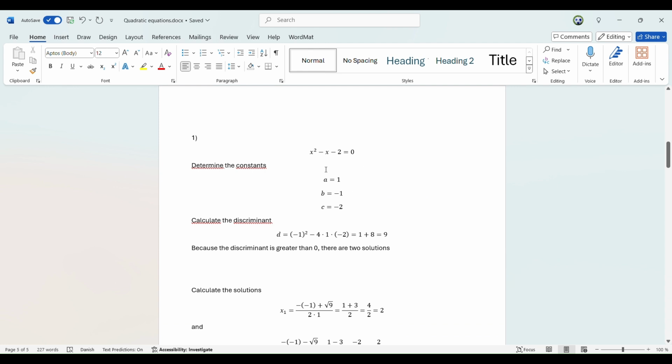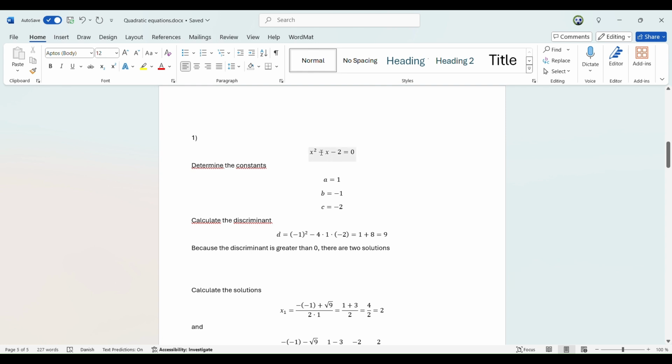We've got the first one here. So we've got this equation, a quadratic equation, x squared minus x minus 2 equals 0. If there's nothing in front of x squared, then it's a 1. We don't want to write a 1. It's a convention that if it's only the number 1, then we just leave it out. So a is equal to 1.